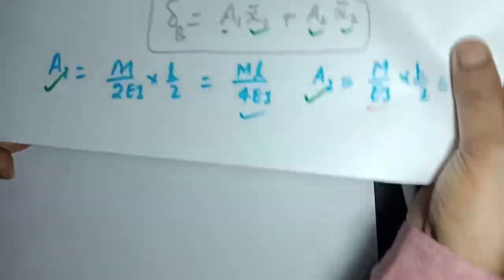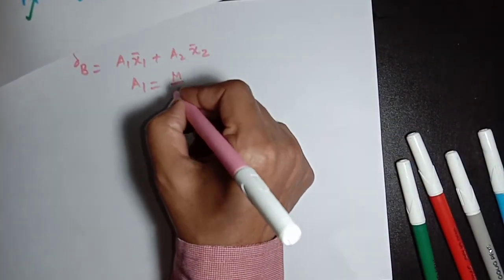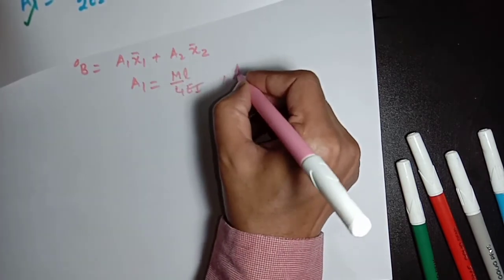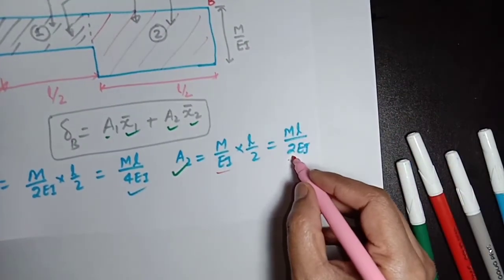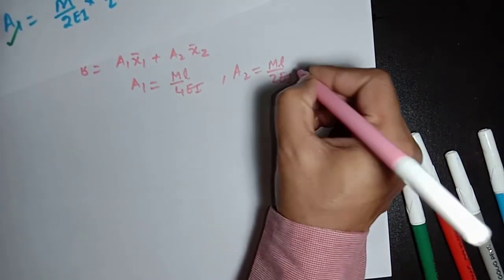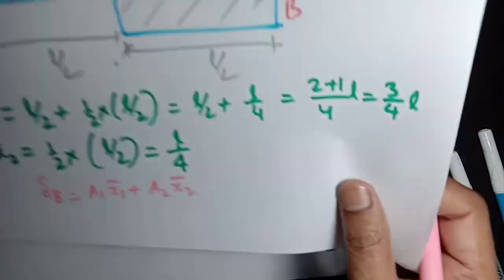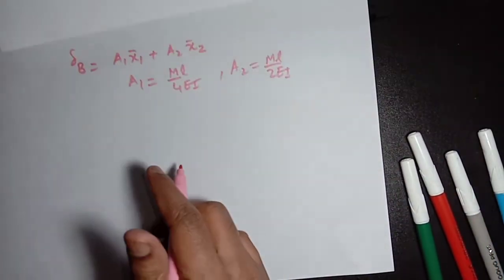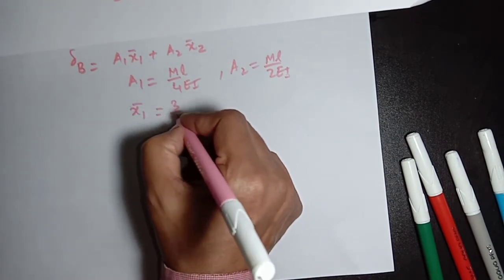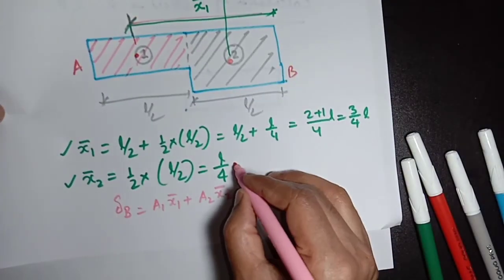A1 is ml divided by 4 EI. A2 is equal to ml divided by twice EI. And x1 bar we have calculated as 3 divided by 4 L, and x2 bar will be equal to L divided by 4.